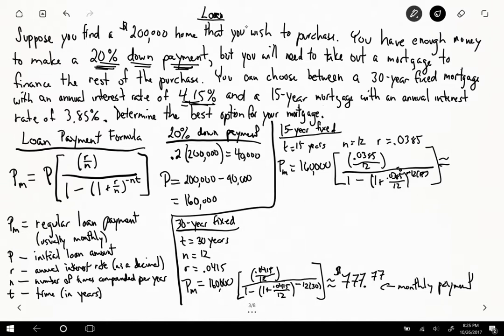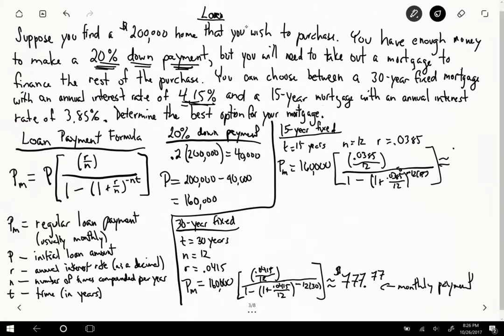So have the whole denominator. If you're actually checking along the way, the whole denominator comes out to 0.4381810143 if you're looking for that. And then you can plug in the numerator, 0.0385 divided by 12 and divided by that answer. Multiply that by 160,000.